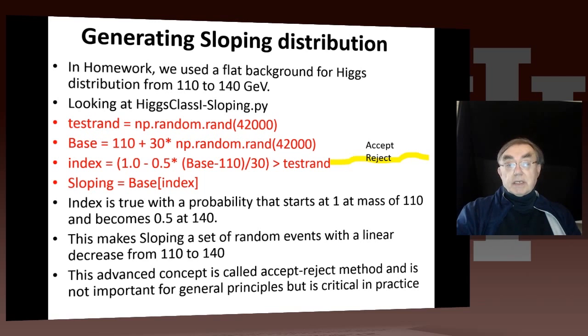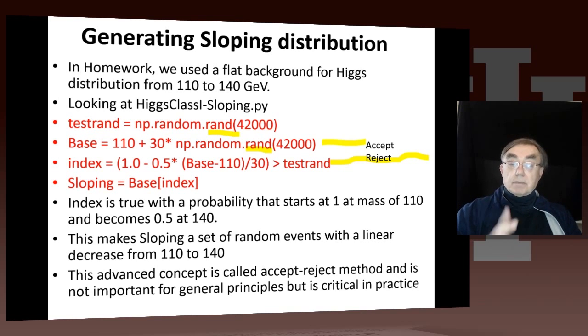You generate uniform events here, then you take each of those uniform events and apply a test on it using another random number. This test random number is a different set of random numbers.